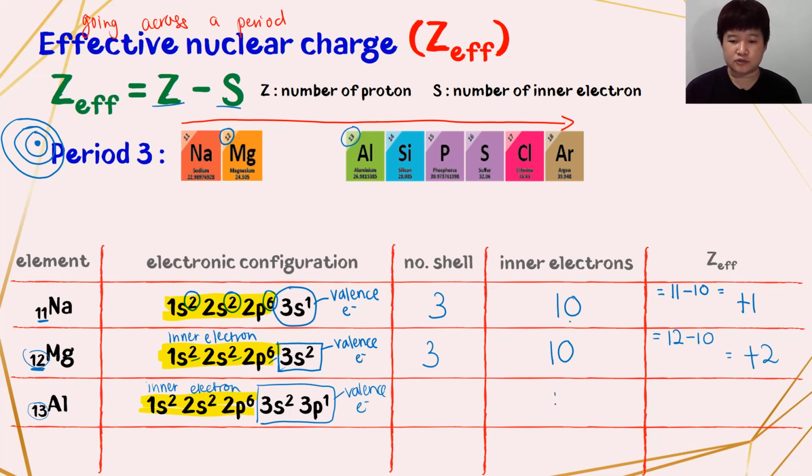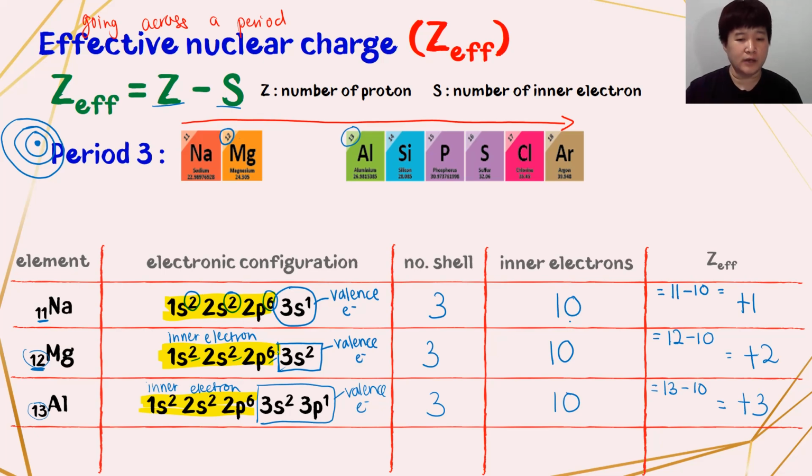The inner electron remains 10, the number of shells remains 3. So both of these remain constant when you go across the period. And how about the effective nuclear charge? Again, proton number minus inner electrons. Proton number 13 minus inner electron 10, so the effective nuclear charge increases to positive 3.